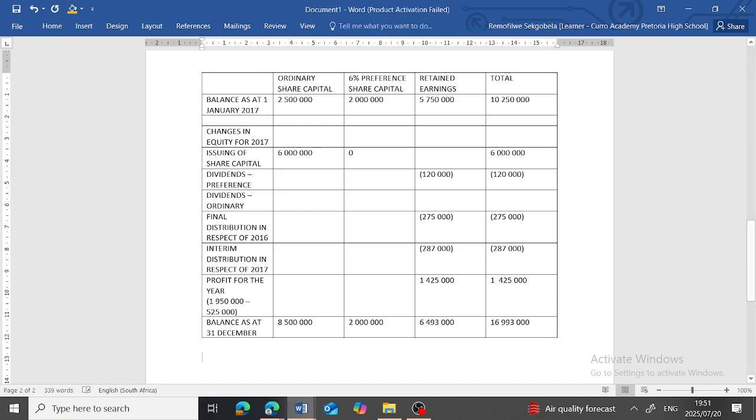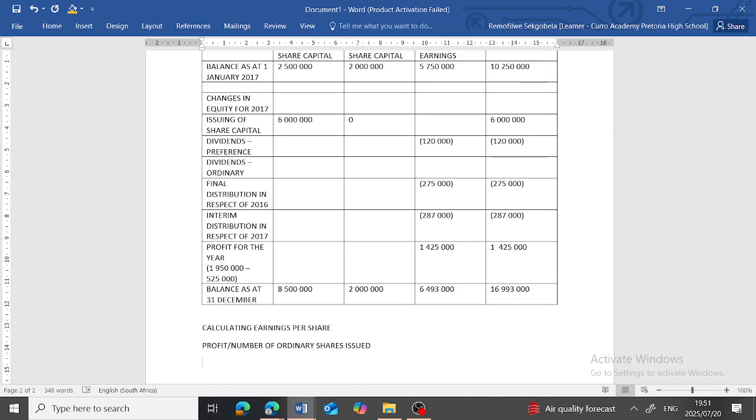What's the formula for earnings per share? It's profit over number of ordinary shares issued. Profit divided by number of ordinary shares issued.